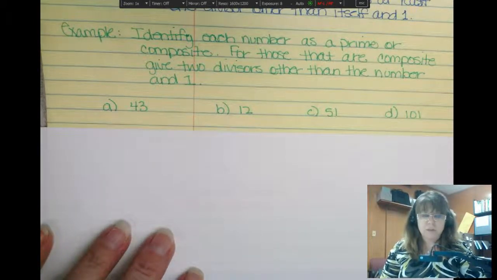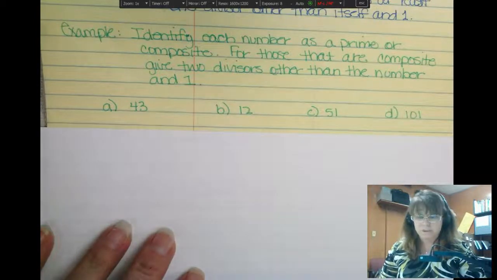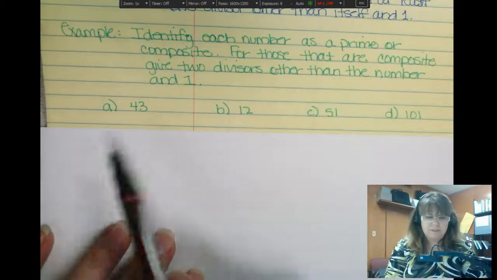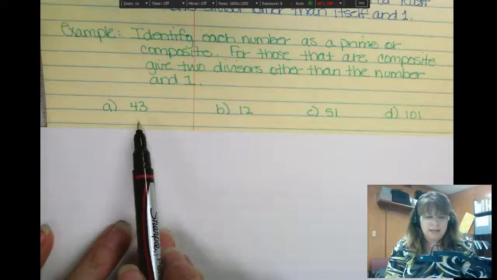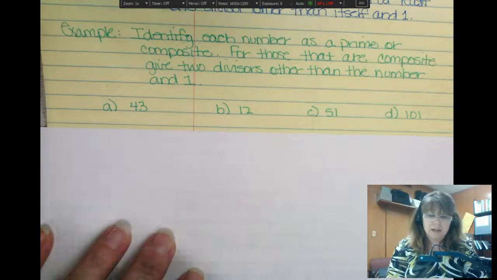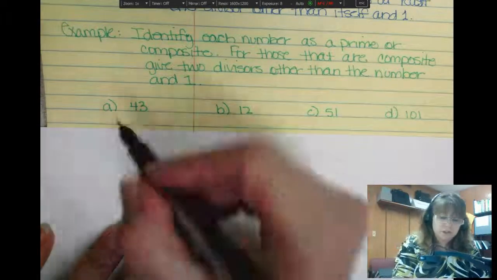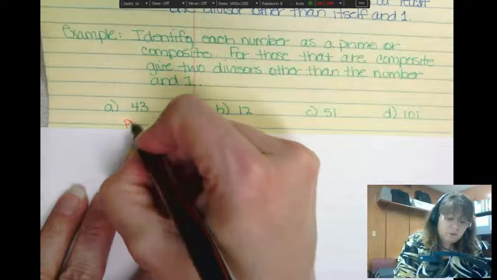Well, 2 doesn't go into it because it ends in an odd number. 3 doesn't go into it evenly. 5 doesn't because it doesn't end with a 0 or a 5. 7, nope. 11, no, not 11. 13, no. And I'm going to stop there. I'm pretty sure 43 is a prime number.